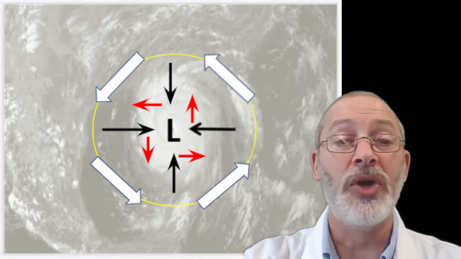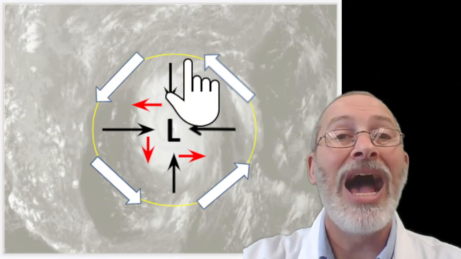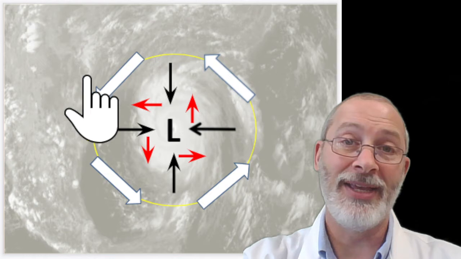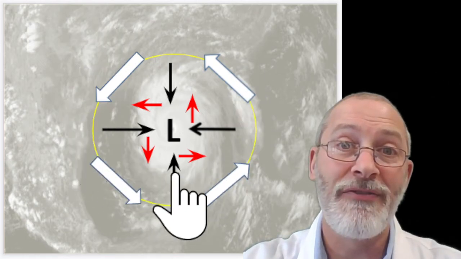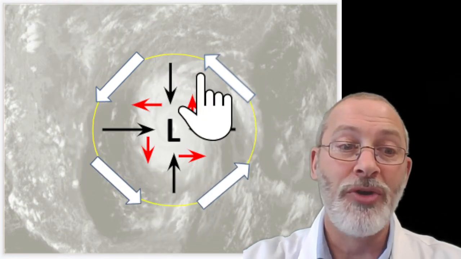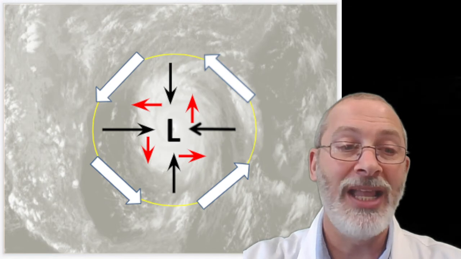From this arrow, shifted to the right. So what does that result in? It results in a counterclockwise direction of airflow.